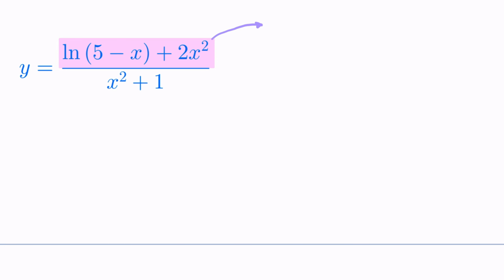So if we call that u, ln 5 minus x plus 2x squared, then the derivative of u is negative 1 over 5 minus x plus 4x.